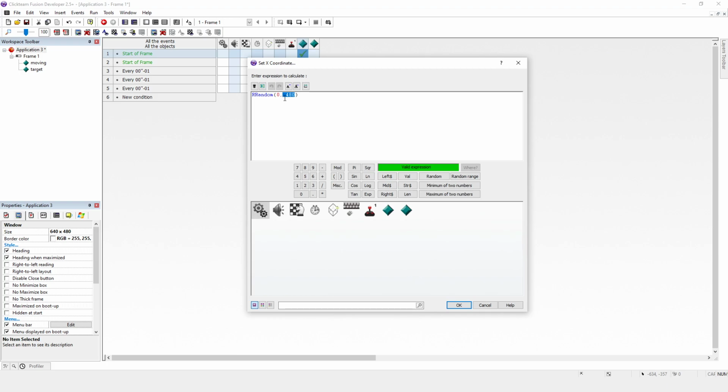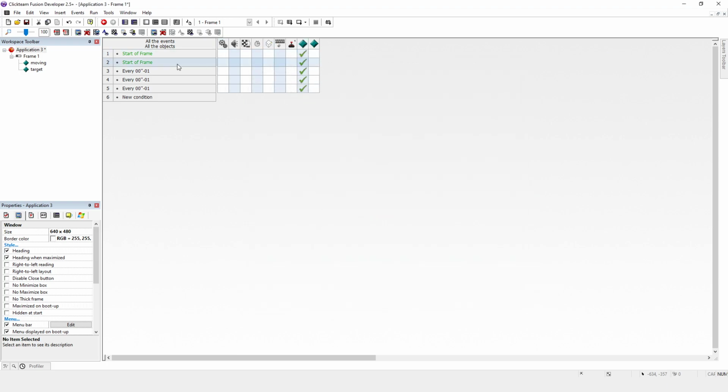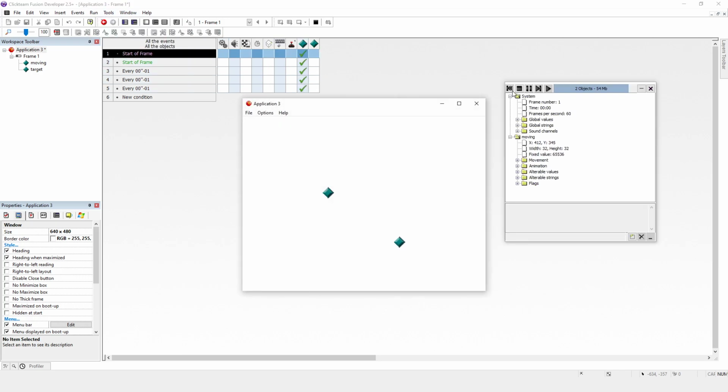Obviously this needs to be 640. Okay, so this line here is completely unnecessary, I'm just going to randomise it so we can test it under a whole load of circumstances. So it works fine there, works fine there, beautiful, like a straight line, very, very nice.